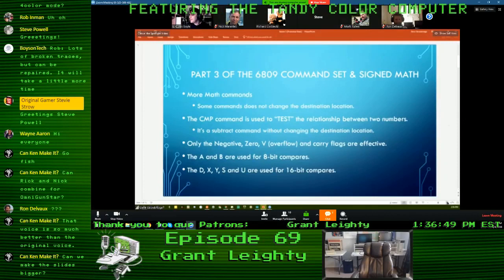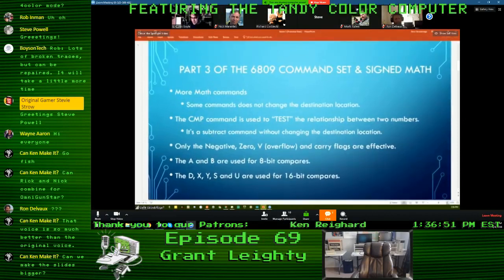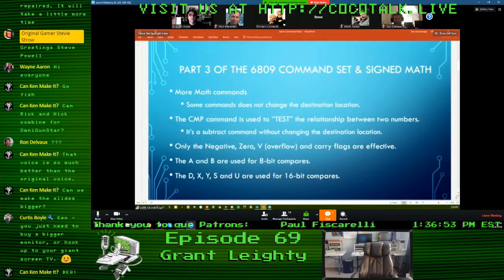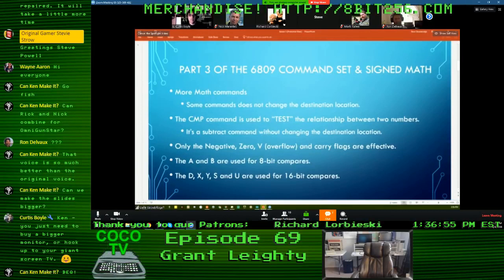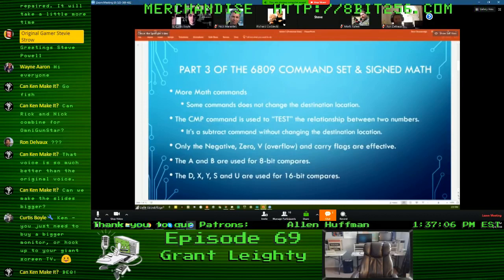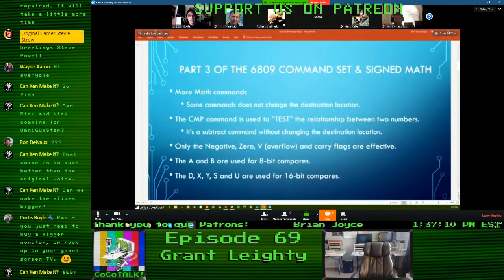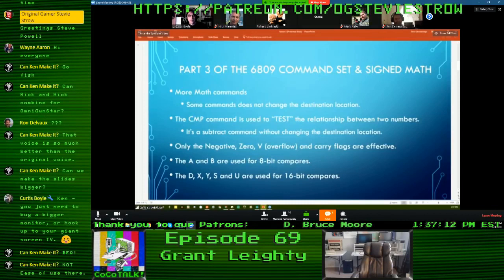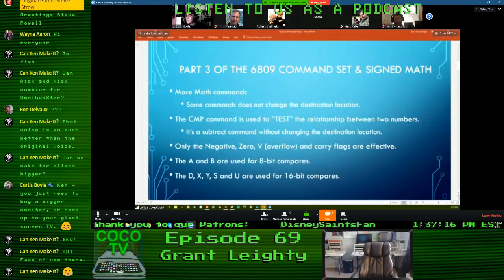And the relationship is via the flags on the CPU. Flags are something that gets set or reset based on the operation you do. And then you can test and use that information to carry over into the next instruction. So in the case of the compare instruction, it will set the negative, zero, overflow and the carry flags effectively.